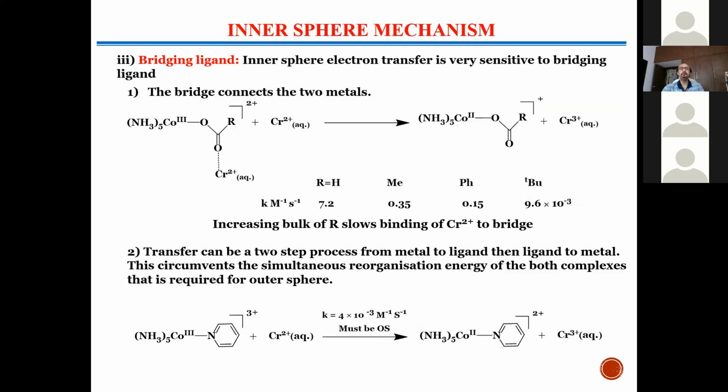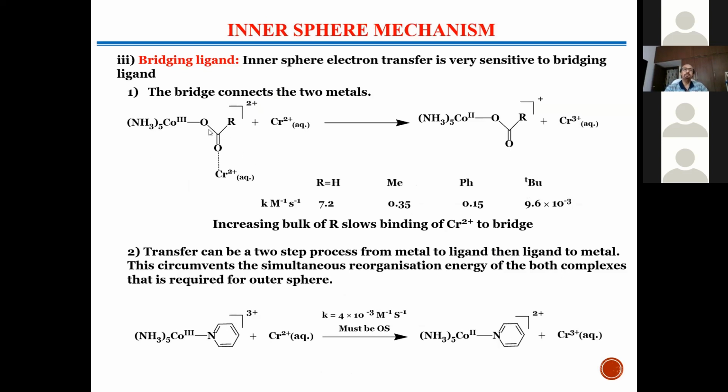Now you also see that if we accept the fact that the bridge is one of, or probably the most, important factors as far as inner sphere electron transfer is concerned, then there are several factors you need to take into account around the bridge. Now look at this particular reaction, a very simple reaction.